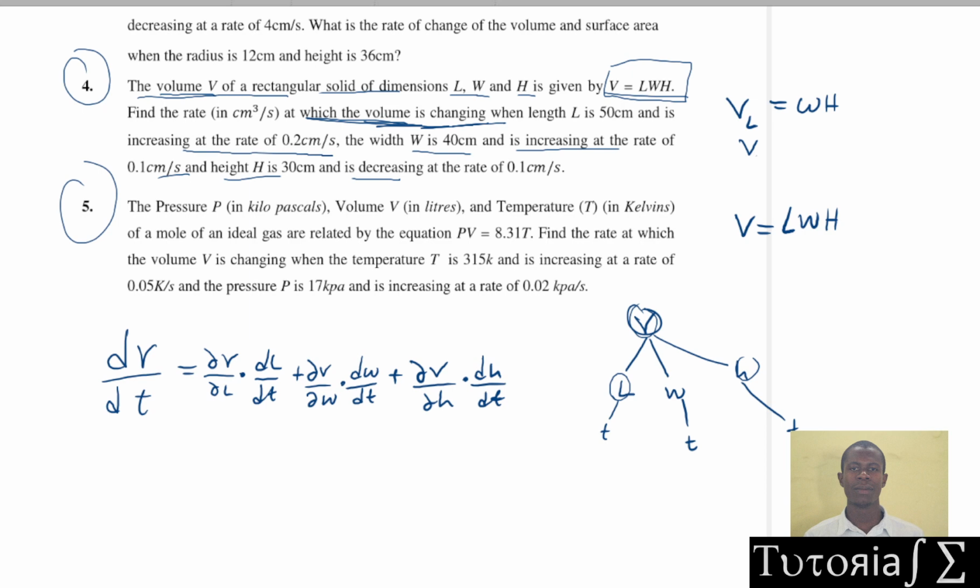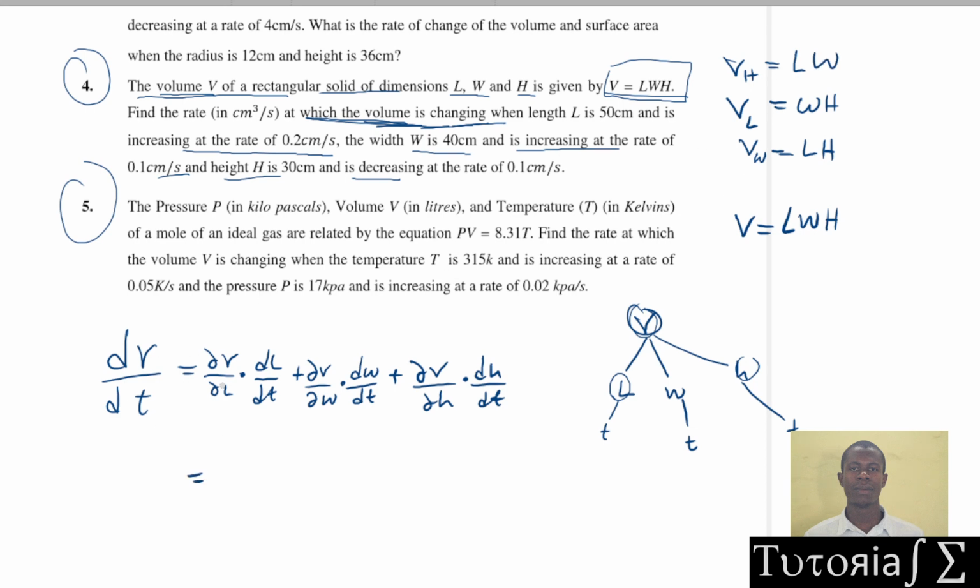V with respect to W, that will just be LH. And V with respect to H, that will be LW. So now we just plug in these values here.